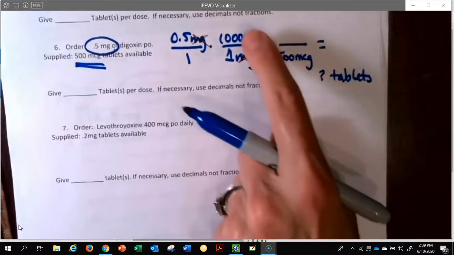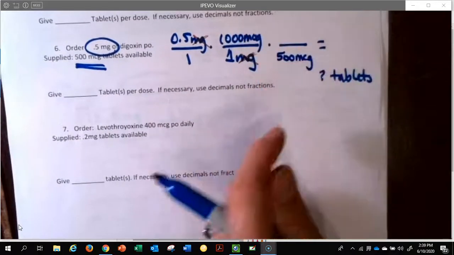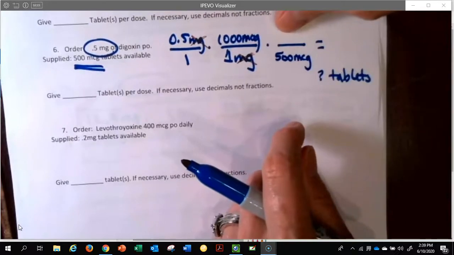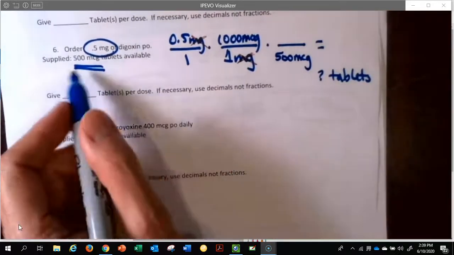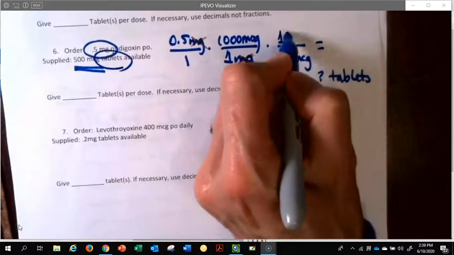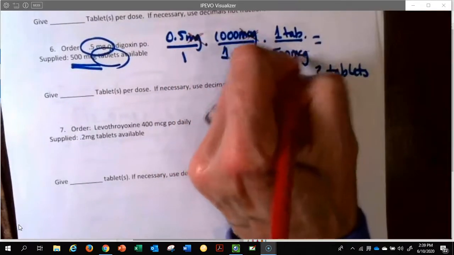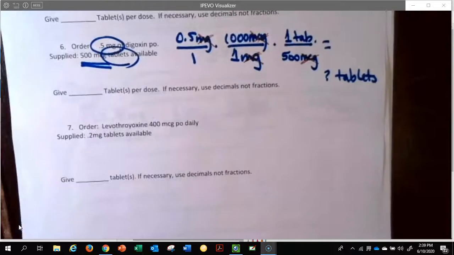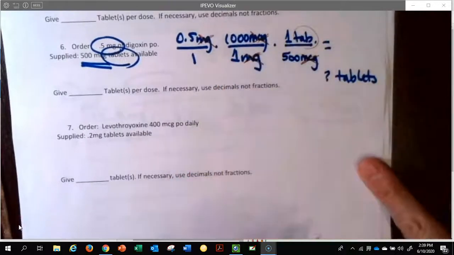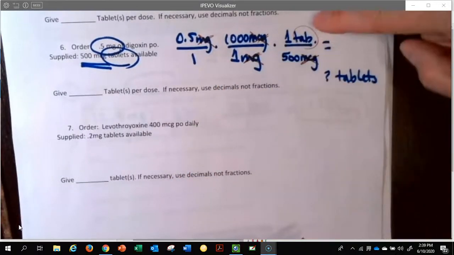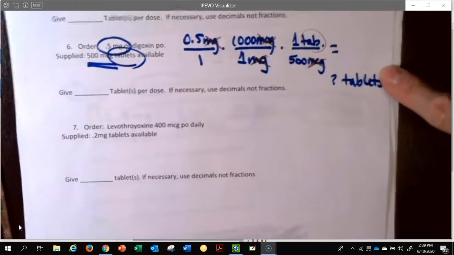I chose to put it in the denominator because I need the mcgs to go away, but I do need something here. And so it tells us that for every 1 tablet, it is worth 500 mcg. And this is awesome because my mcgs, my units go away. I have no other unit than a tablet, which is exactly what I need to be in the numerator so that I end up with tablets.